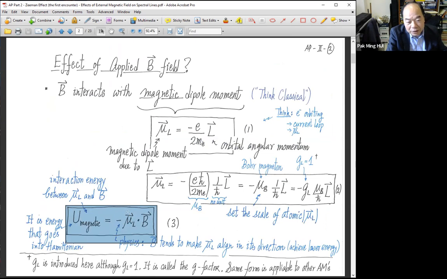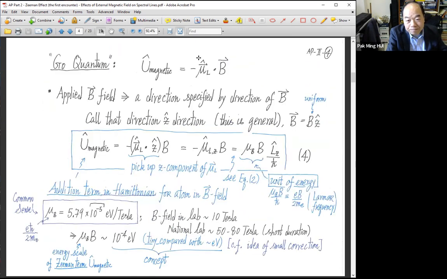All right, so this magnetic dipole moment becomes an operator because it carries an orbital angular momentum operator in it. So now this dot product, when I pick the B field in the Z direction, the dot product will pick up the Z component of the magnetic dipole moment. Okay, so this is why we have this as the perturbation term.